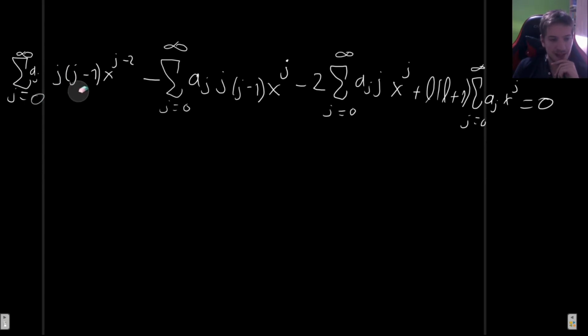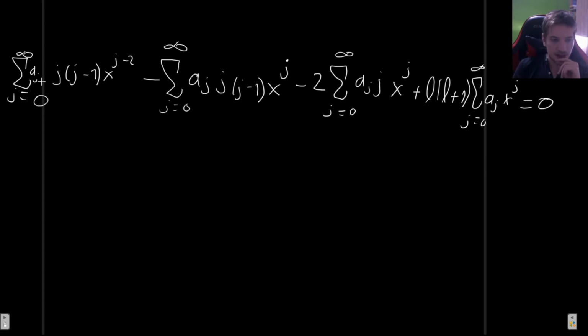Well, right now, if j equals 0 is plugged in, this is going to be 0, and if j equals 1 is plugged in, it's also going to be 0. So this is actually starting from 2. Now what we can do is shift the index, which is a regular property that we can use in summations. That means we go from j to j plus 2, and in order to do that, our sum now starts 2 places earlier.